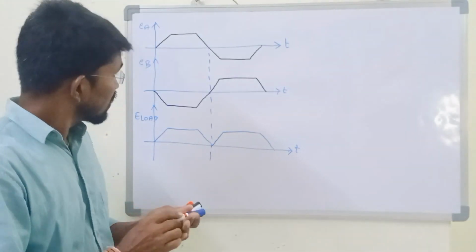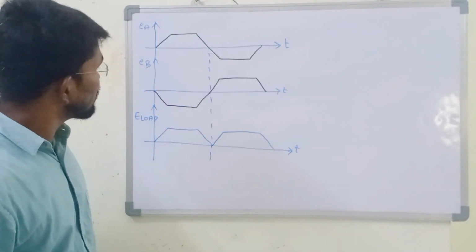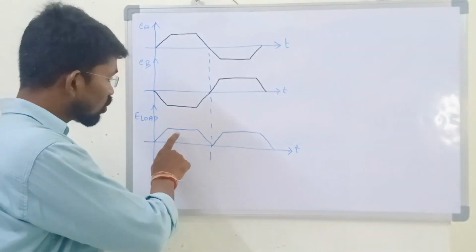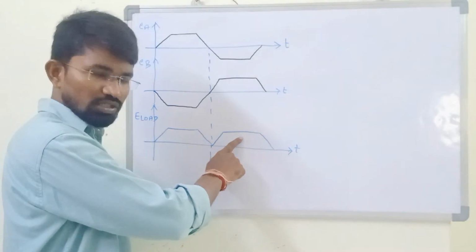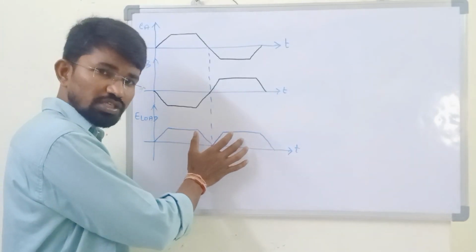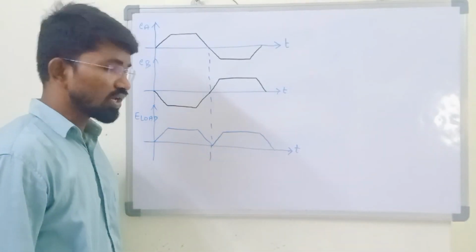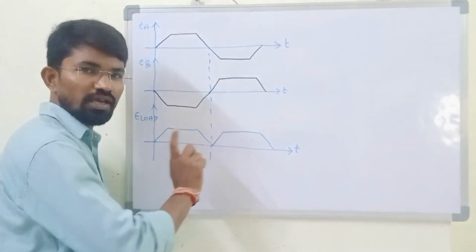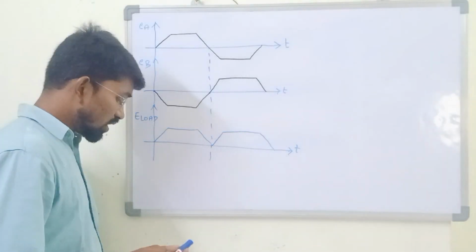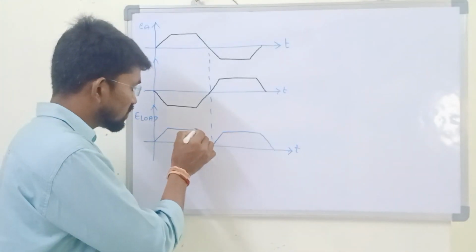Now tell me one thing, when conductor A and conductor B are alternating in nature, the output voltage is a DC voltage, but is the output voltage a pure DC voltage or a rectified voltage? Yes, the output voltage looks like a rectified voltage. It is having some ripples in the output.